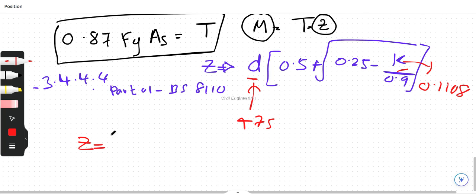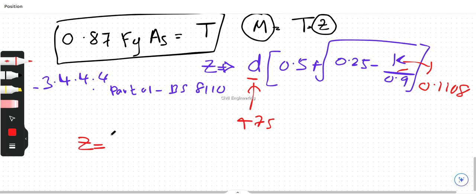Z is equal to 475 into 0.5 plus the square root of 0.25 minus K over 0.9, where K means 0.1108.